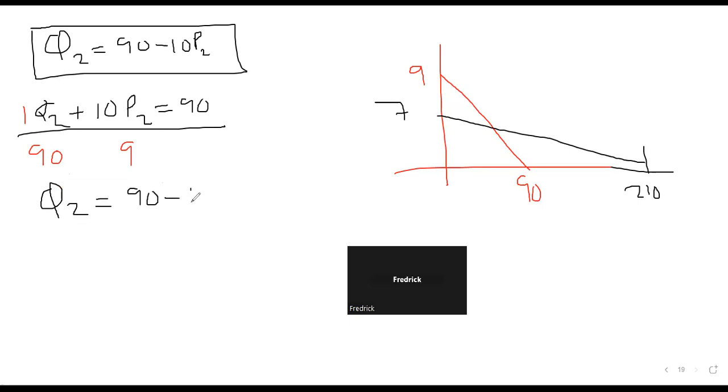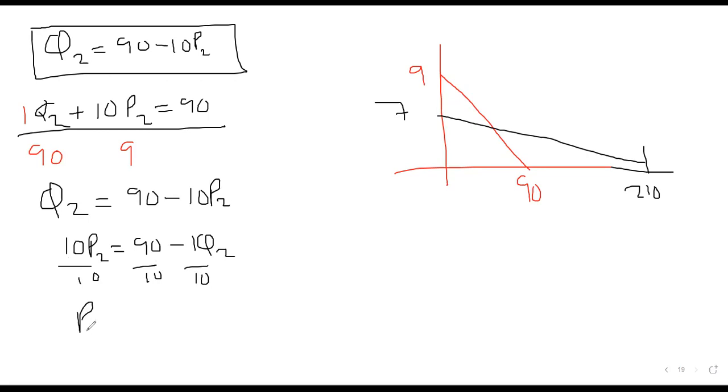For firm 2, we make price the subject. There's an invisible 1 there. So we divide both sides by 10. What becomes our price function? Price is equal to 9.